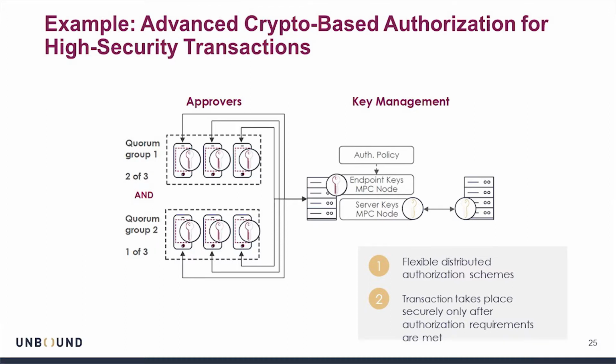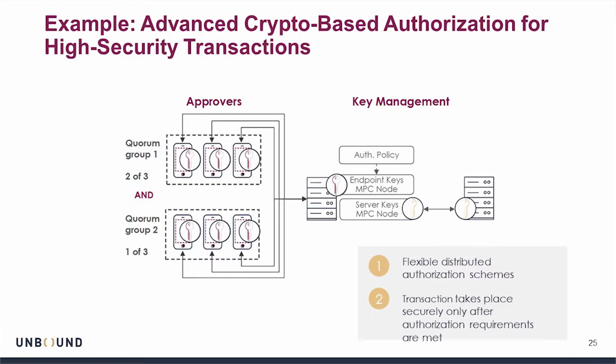And one layer that we need to talk about, and we haven't really talked about until now, is that of authorizing key usage. There's one issue of protecting keys, and that is really the primary problem, because if a key is stolen, then it can be used without us ever knowing, and it can be used at a very rapid rate, and we have no control anymore about what's going on.